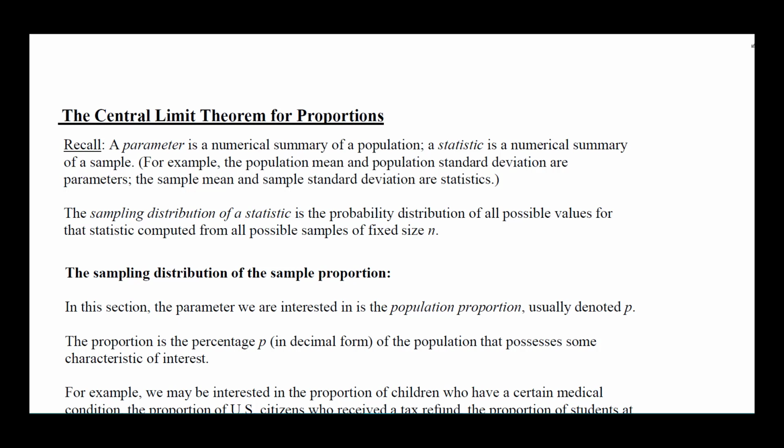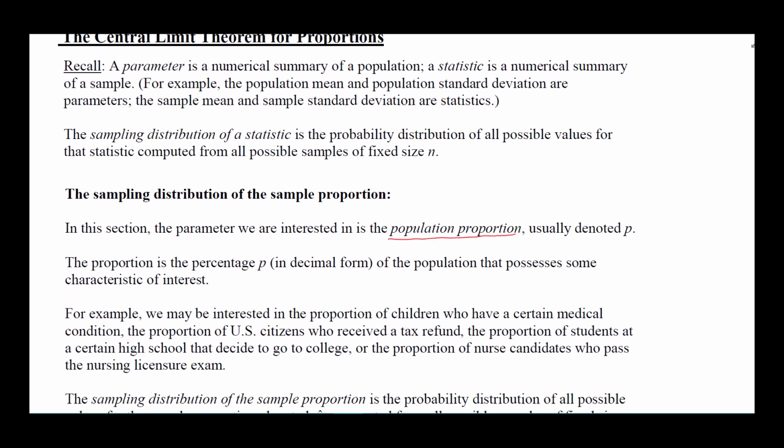So this time the parameter that we are interested in is the population proportion, which we usually indicate with a lowercase p. Okay, and so this is going to be a fraction or a percentage written in decimal form of the population that possesses some characteristic of interest.